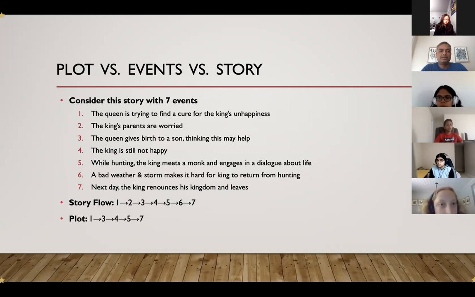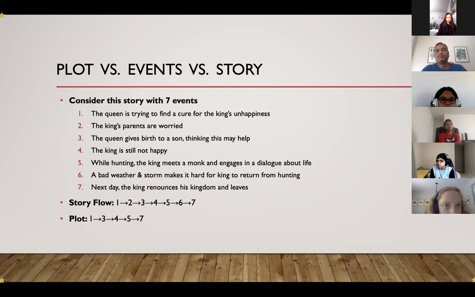So what you're going to tell your friend probably is everything except for event number 2 and 6, right? So in the last 2 bullets, I've shown this story comprising of all the events. The plot really is 1, 3, 4, 5, 7.